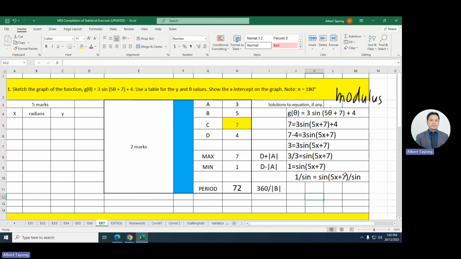Why are we dividing both by sine? To delete the sine. So the remaining on the right will be what? 5x plus 7. That's it. Okay. And then we're going to solve. Now, how do we solve this? 1 over sine equals 5x plus 7.